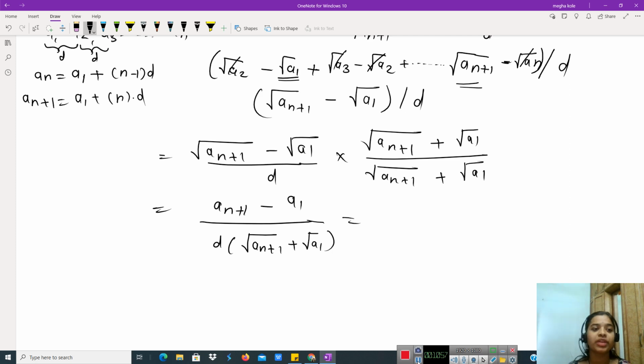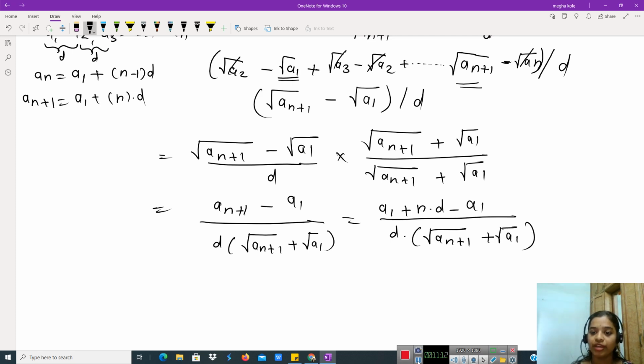Okay, we will replace this value of a_(n+1) here. a1 plus n into d minus a1 upon d into square root of a_(n+1) plus square root of a1. Here plus a1 minus a1 get cancelled, d will get cancelled, and your answer will be n upon square root of a_(n+1) plus square root of a1.